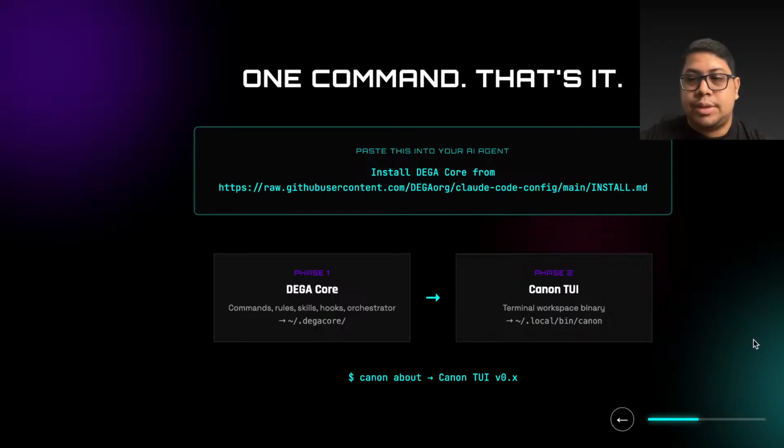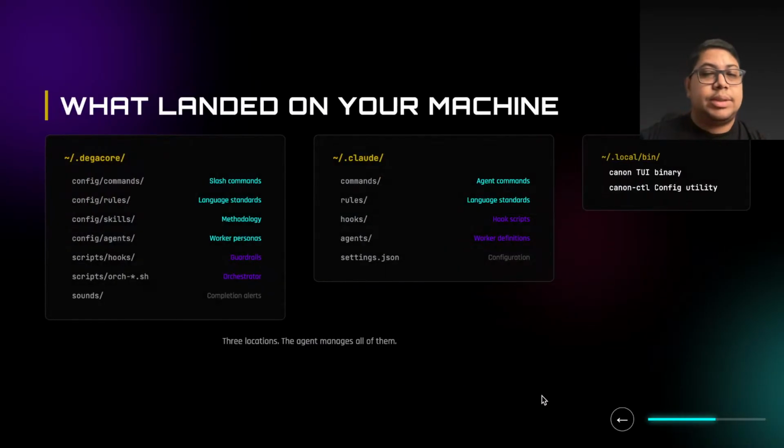So it was two phases. It completed them. Now let's see what landed on your machine, right? Because you may say, okay, but I don't know what's going on. I don't know if this is doing stuff to my environment I'm not aware of.